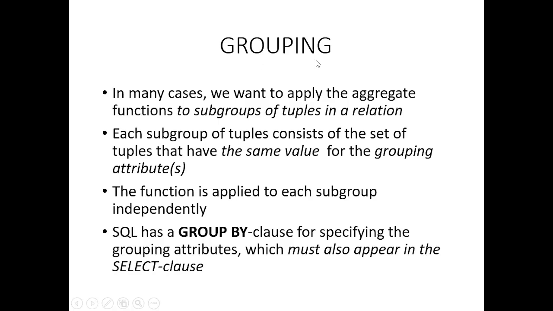So each subgroup of tuples consists of the set of tuples that have the same value for the attributes, and those attributes are known as the grouping attributes. And the function is applied to each subgroup independently. SQL has a group by clause for specifying the grouping attributes, which must also appear in the select clause.